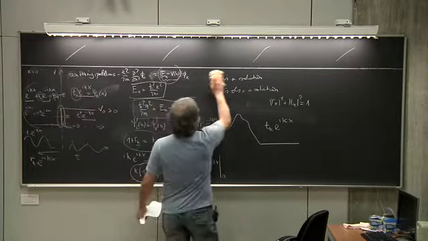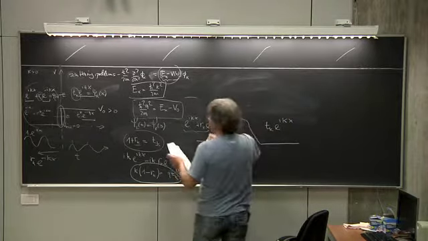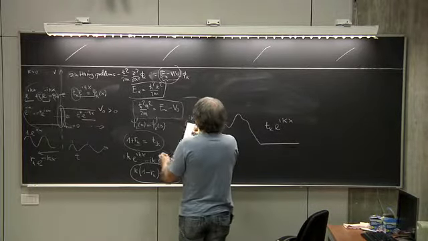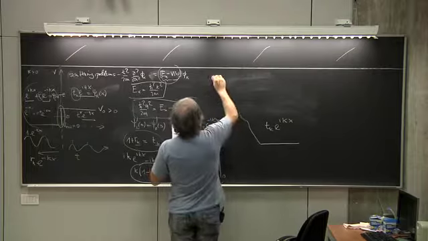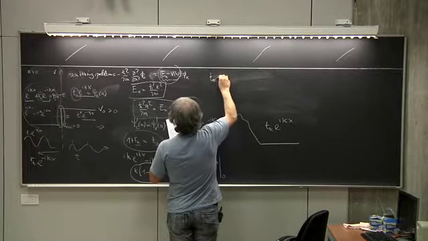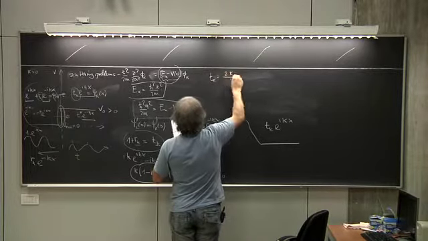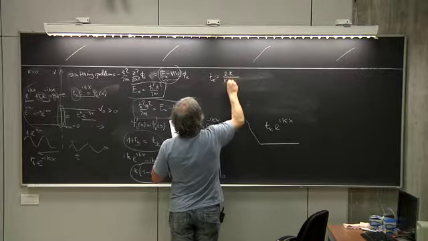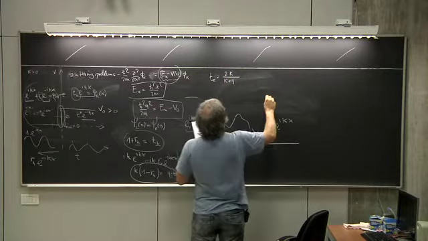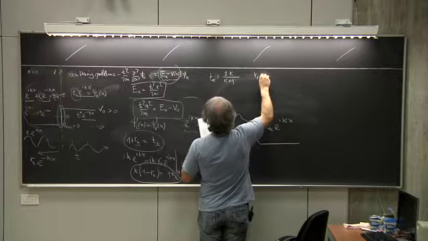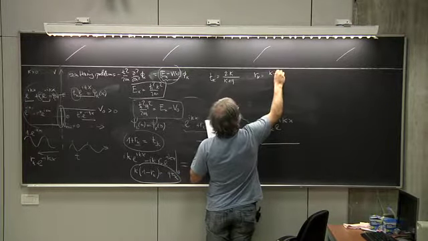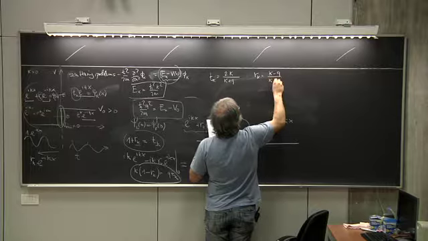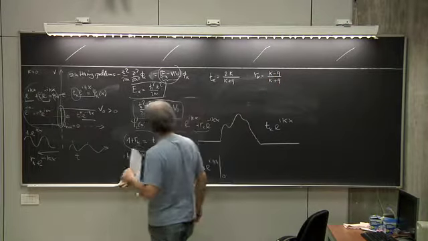Let me write the solution for you. You can verify it in essentially no time. The solution is Tk is equal to twice K divided by K plus Q, while Rk is equal to K minus Q divided by K plus Q. Okay?